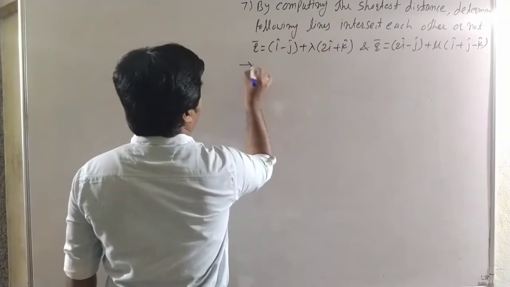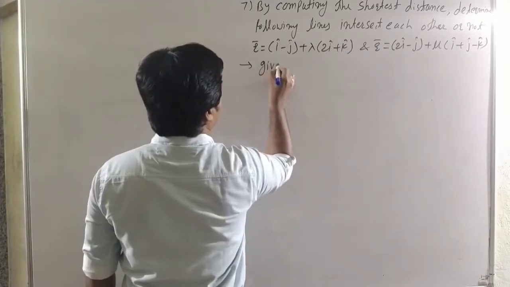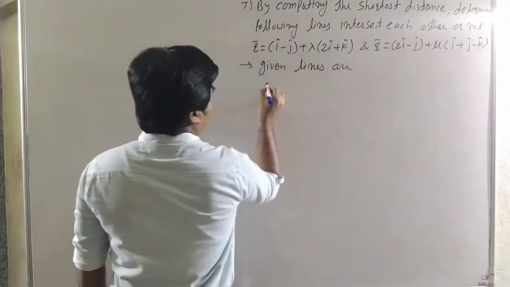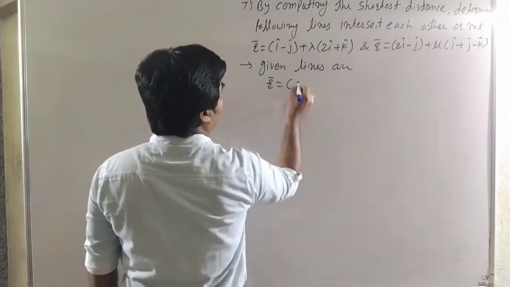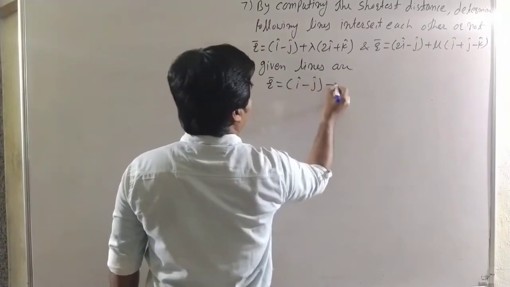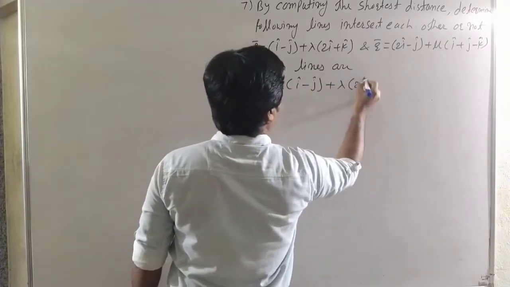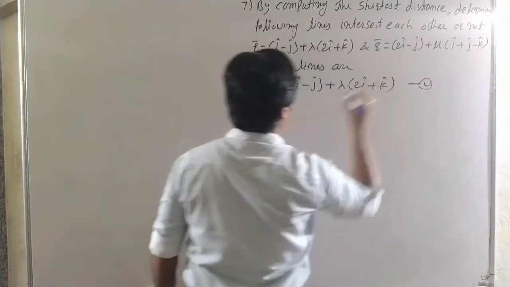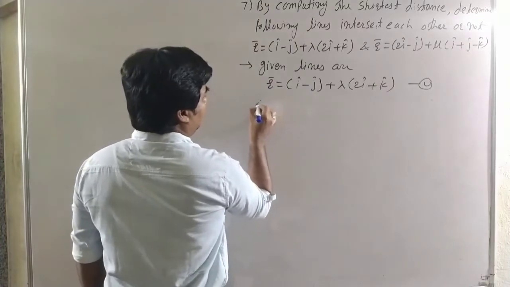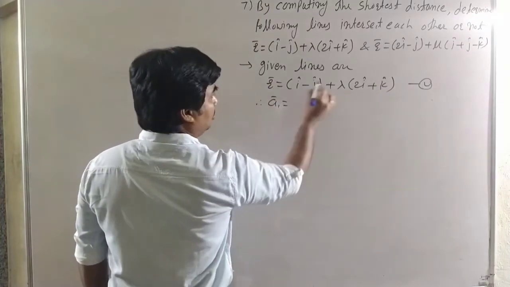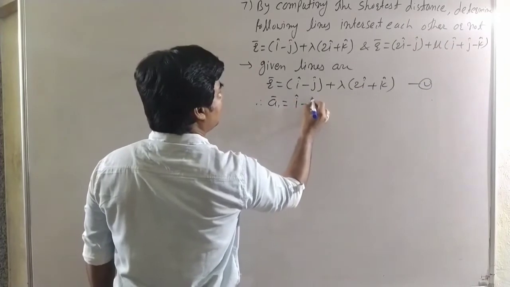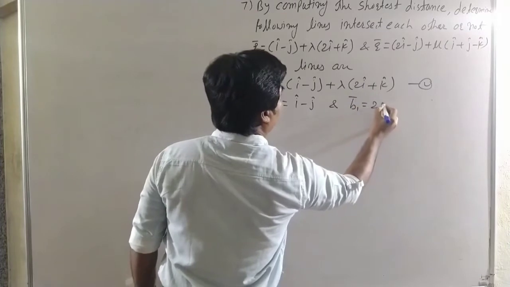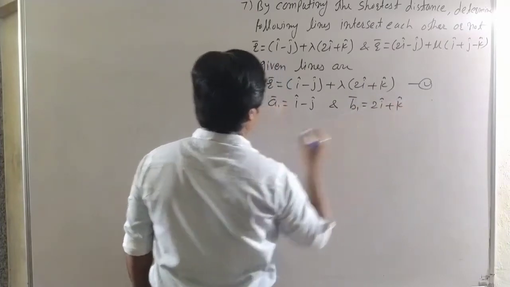Now see carefully. The given first line is r bar equals i cap minus j cap plus lambda into 2i cap plus k cap. It is equation number 1. Here a1 bar is the point i cap minus j cap through which the line passes, and the line is parallel to the vector b1 bar, 2i cap plus k cap.